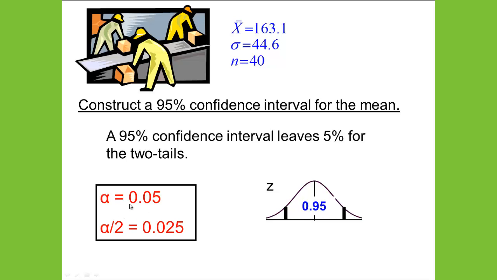Alpha equals 0.05. Alpha divided by 2 gives us 0.025. So the z value we need to look up is z sub 0.025. And we can do that using the table or using our calculator.